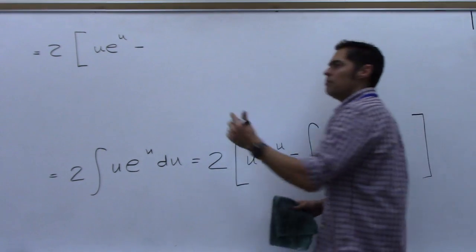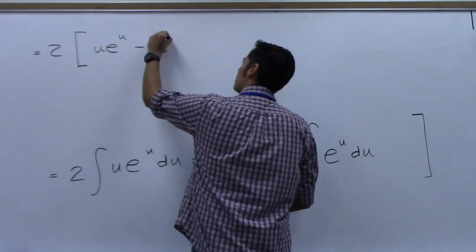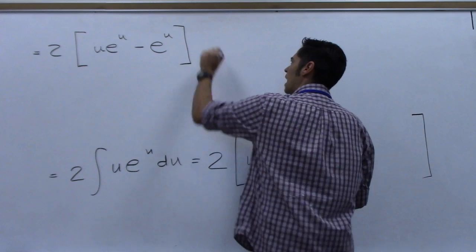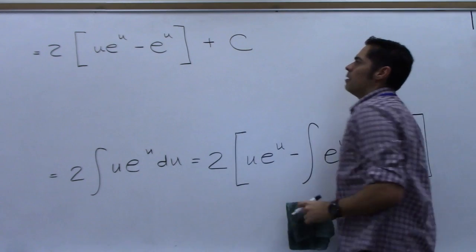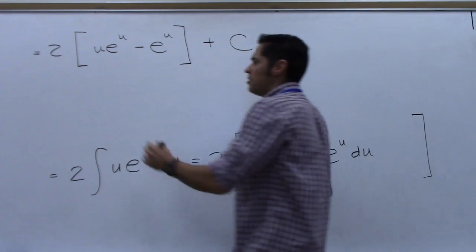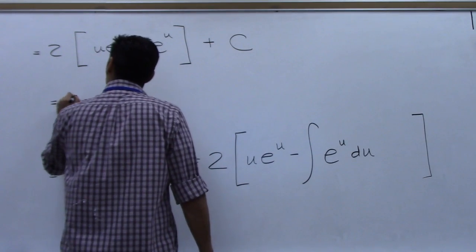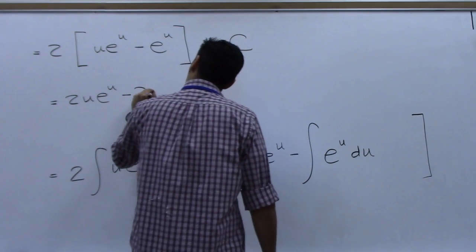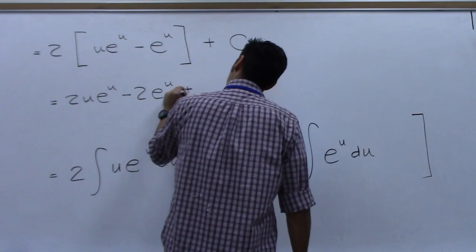So just here, plus a constant, right? I'll do that at the end. In fact, I'll put it right there. And now I'll pass the 2 through. 2u e to the u minus 2e to the u plus a constant.